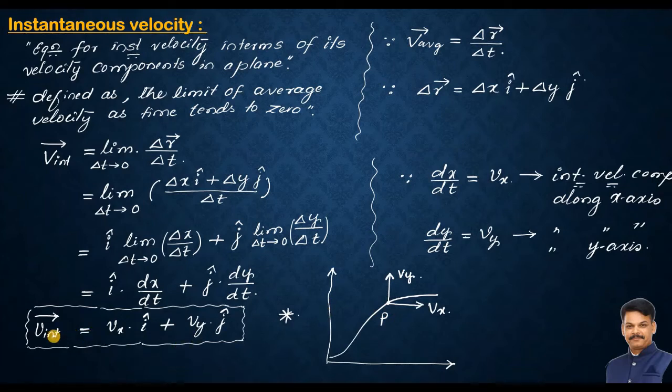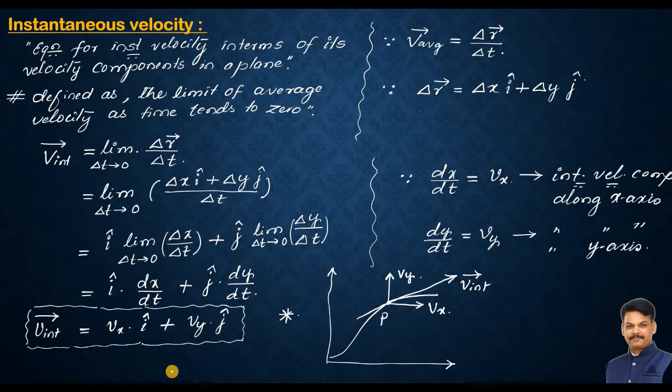How will the direction of this instantaneous velocity be? Remember, dear students, it will always be along the tangent drawn to the path at the point where we have to calculate the instantaneous velocity. So if this is the tangent, then along that tangent only the instantaneous velocity will be directed.